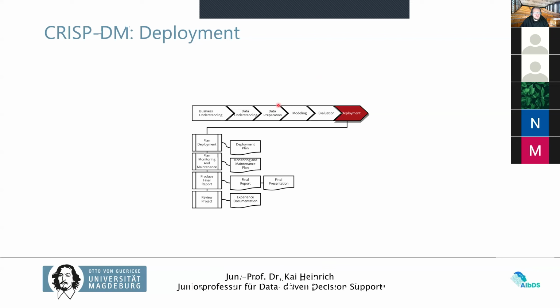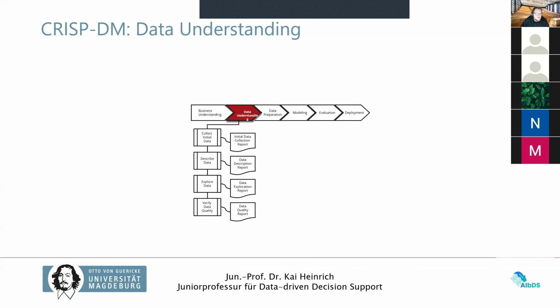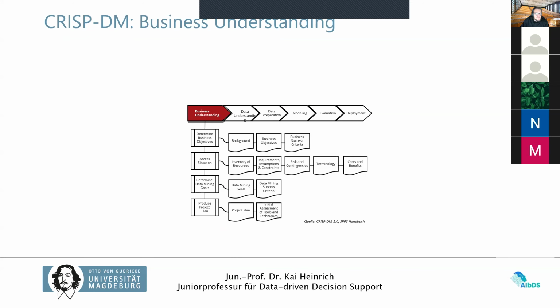In business understanding, what we do is we have some type of data mining goal that we need to transform. Data mining is a little bit old school; you could say data science goal or analytic goal or whatever. But of course, in this lecture, we need to limit the problem space a little bit.